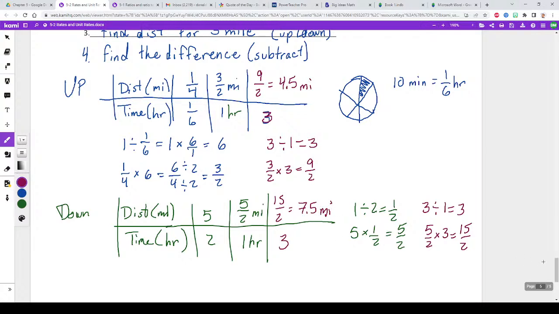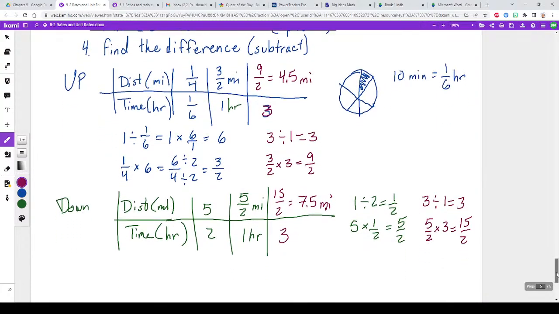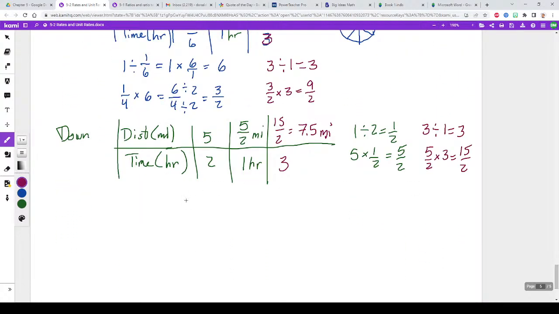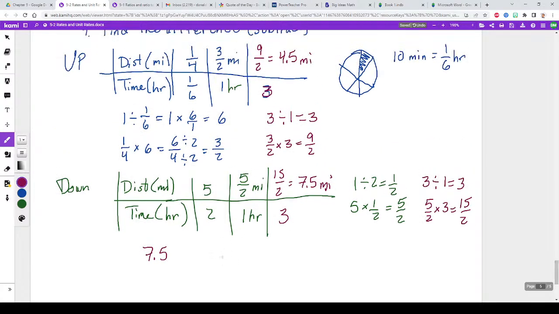So what we found is we found our unit rate up, we found our unit rate down, we then used those to find the distance for 3 hours, both up and down, and then we're going to find the difference between them. So here we go, finishing this off. We go 7.5 for the miles down, and then we go minus 4.5 for the miles up. 7.5 minus 4.5 is 3 miles.